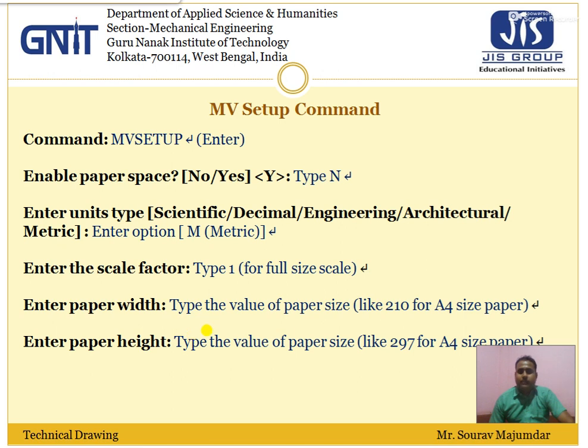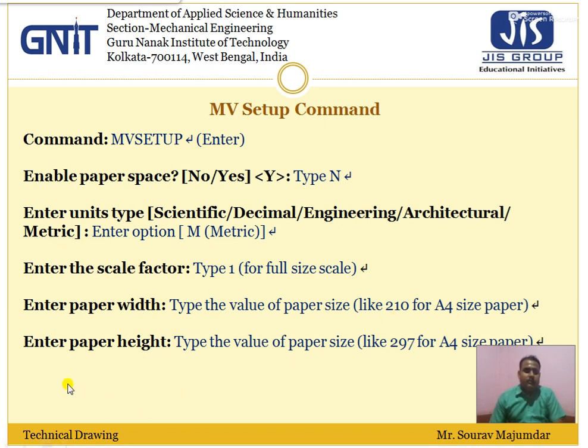so for A4 size page, what is the measurement of A4 size page? We know that the width of the A4 size page is 210 millimeter, and height, okay, and height is 297. So that's why the width is 210. You just type 210, then enter.